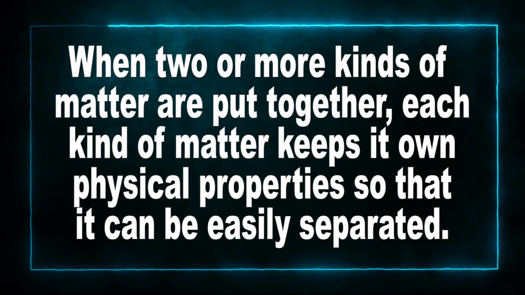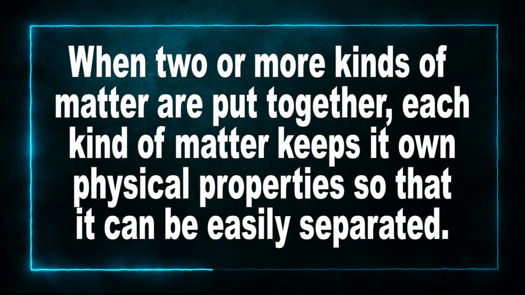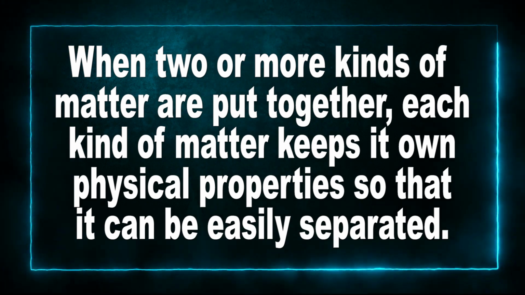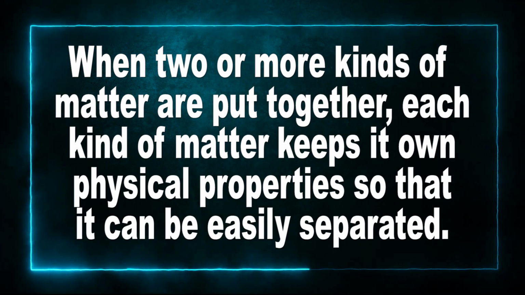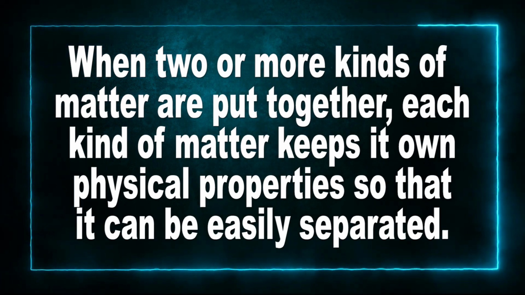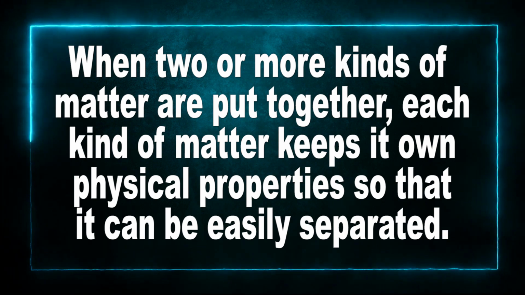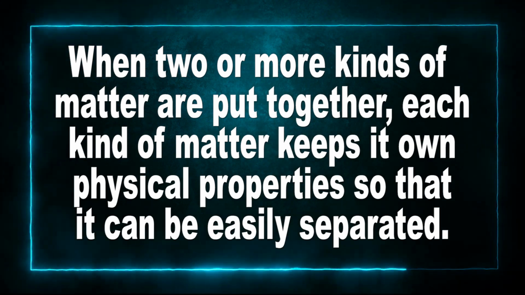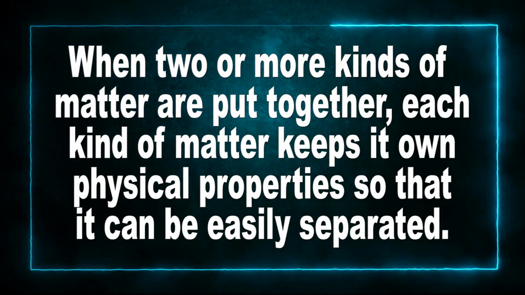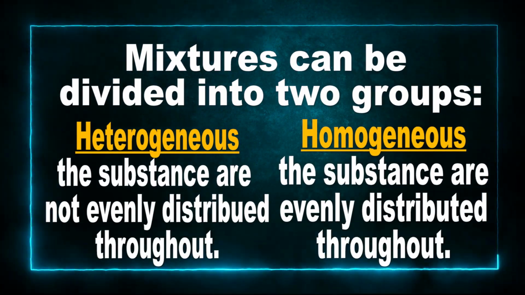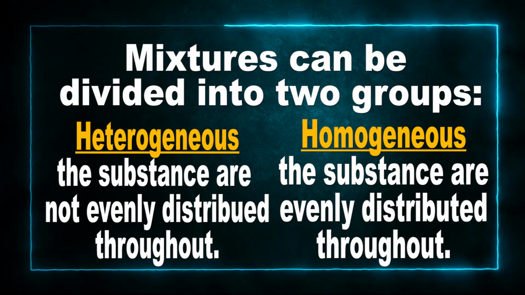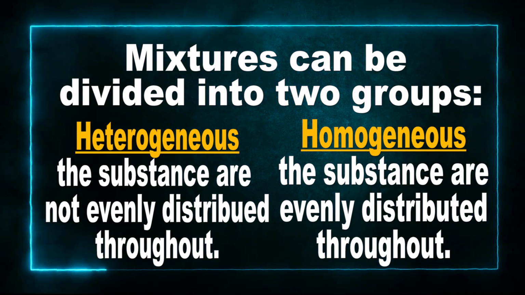So let's look back. Mixtures. When two or more kinds of matter are put together, each kind of matter keeps its own physical property so that it can be easily separated. Mixtures can be divided into two groups, heterogeneous and homogeneous mixtures.